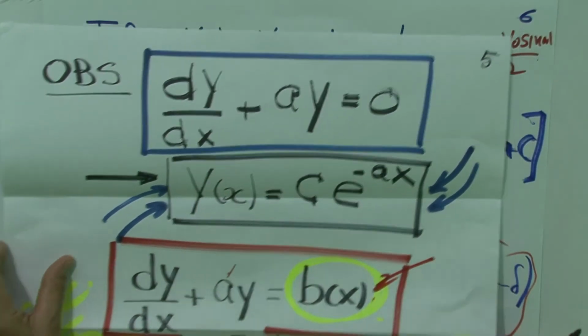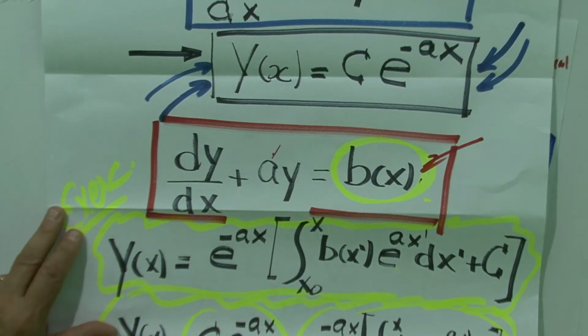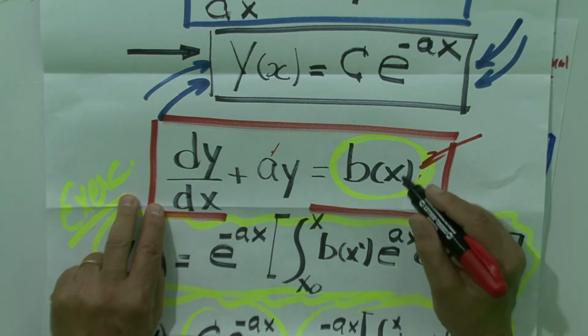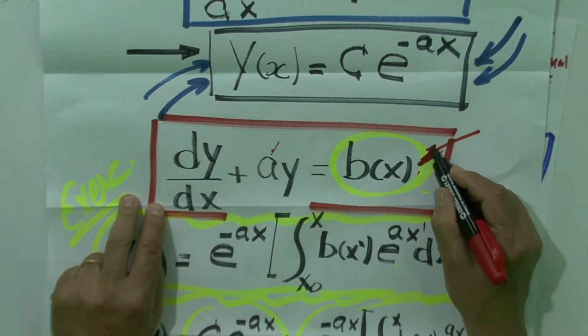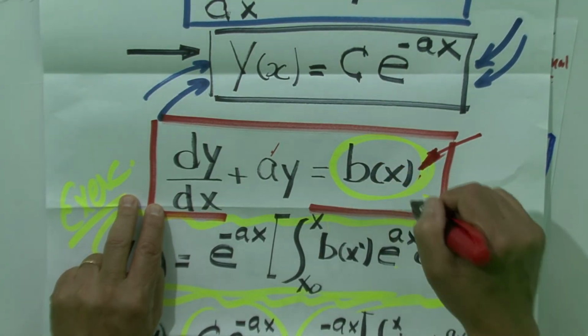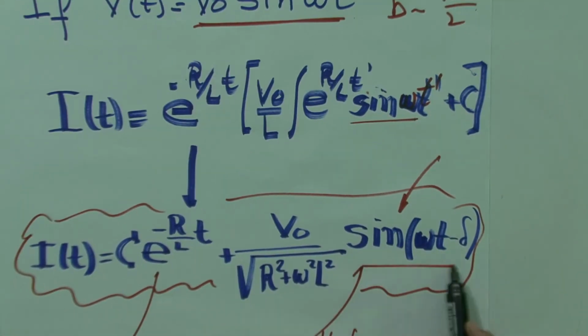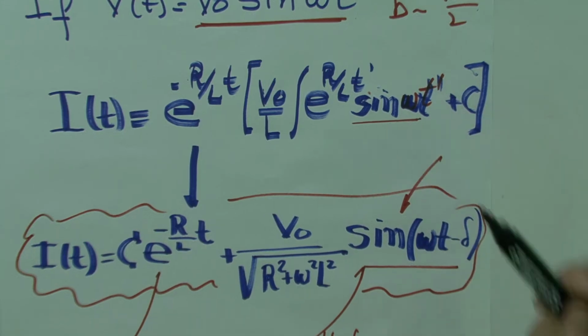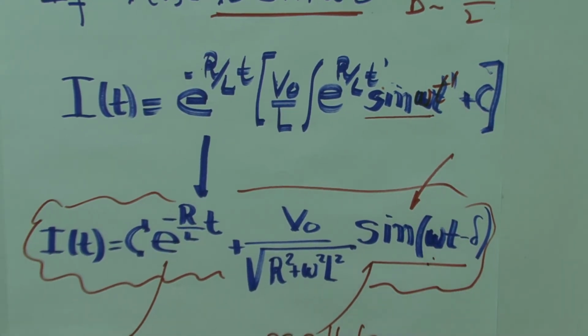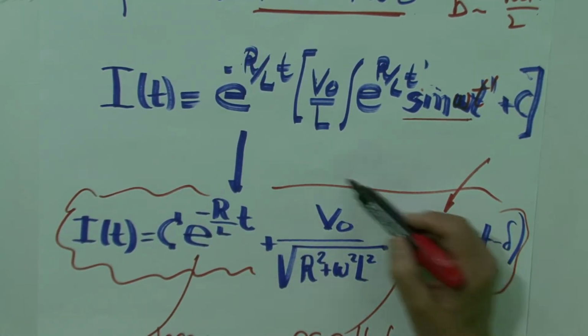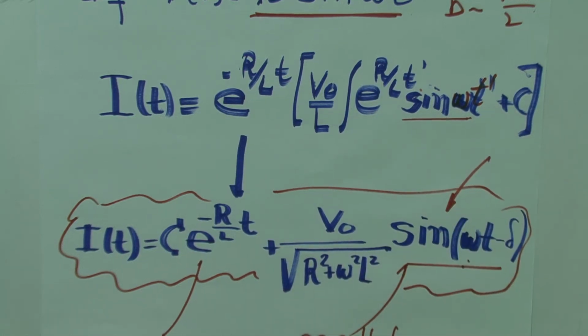So always this term that's going to appear here has the same functional similarity with the term that's the non-homogeneous term of the equation. And here it is. You have something that's sine-dependent, and something sine-dependent will appear, with some numbers appearing here because that's coming from the integral.